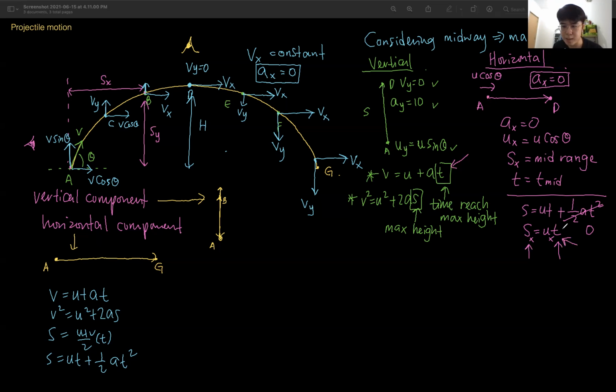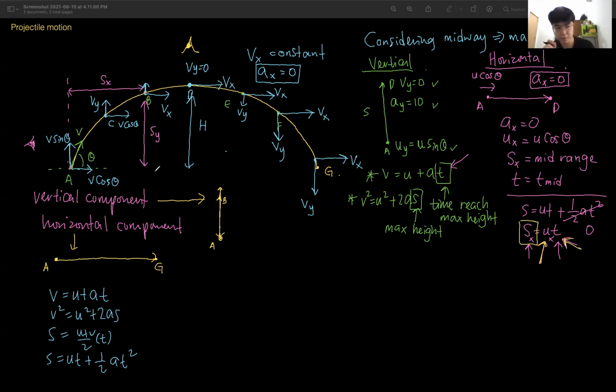That's why we can use the time here. With the ux given and the t value plugged in, I can find sx. What is sx? It is the horizontal distance to the middle.